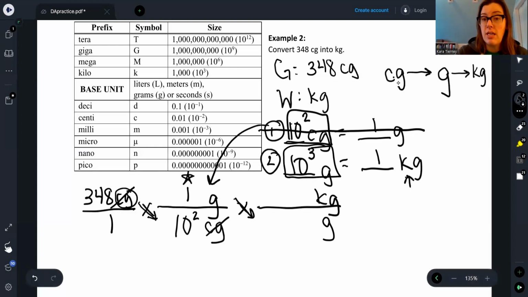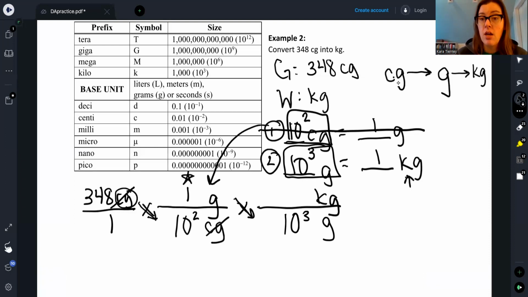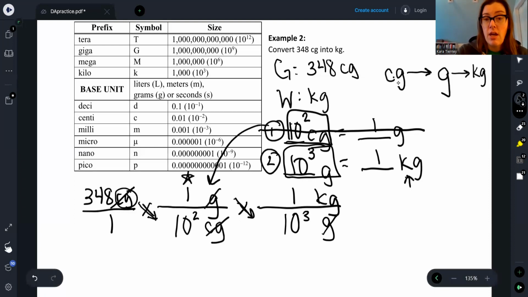I see what its unit is. 10 to the third has to stay with grams. Therefore, 10 to the third will go on the bottom where grams is located. 1 has to stay with kilograms, so 1 goes with kilograms here. My grams cancel out. We're all done with that. We're left with kilograms, which is our wanted. We are ready to calculate.